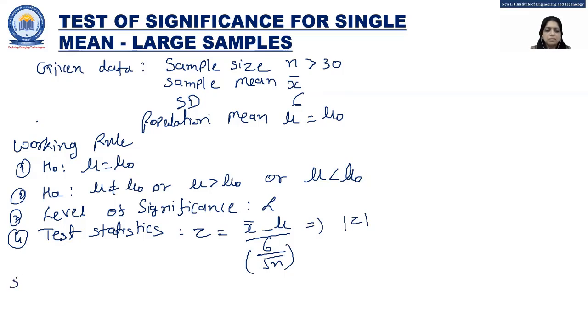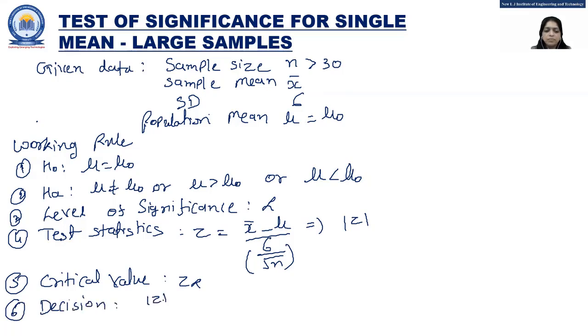The second last term is critical value. It is denoted by Z alpha. And the sixth one, last step, that is decision. By comparing the test statistic value and the critical value, if mod Z is less than Z alpha, null hypothesis is accepted.